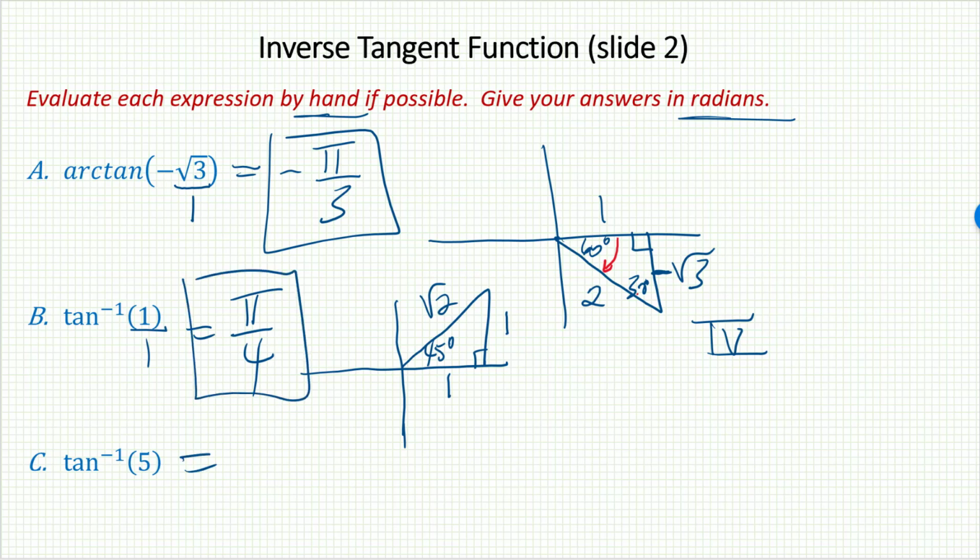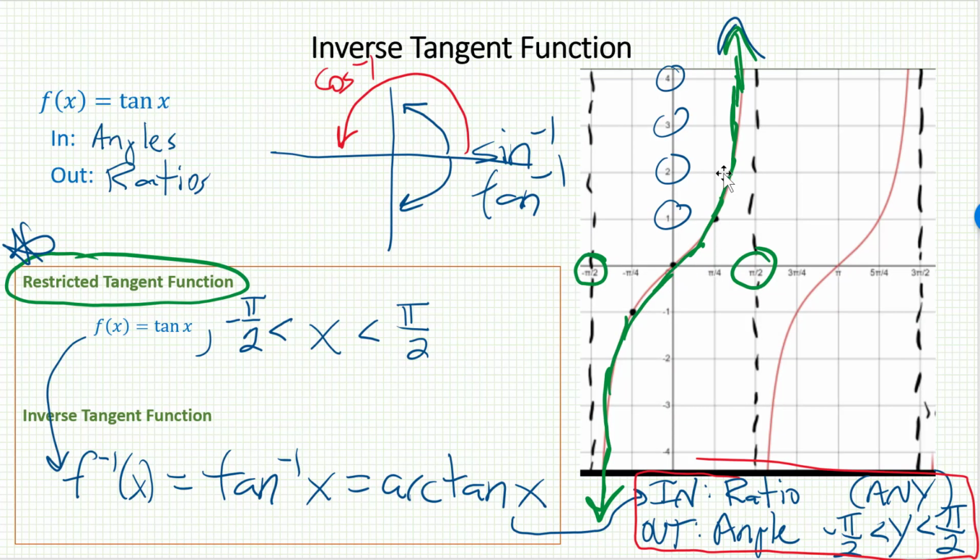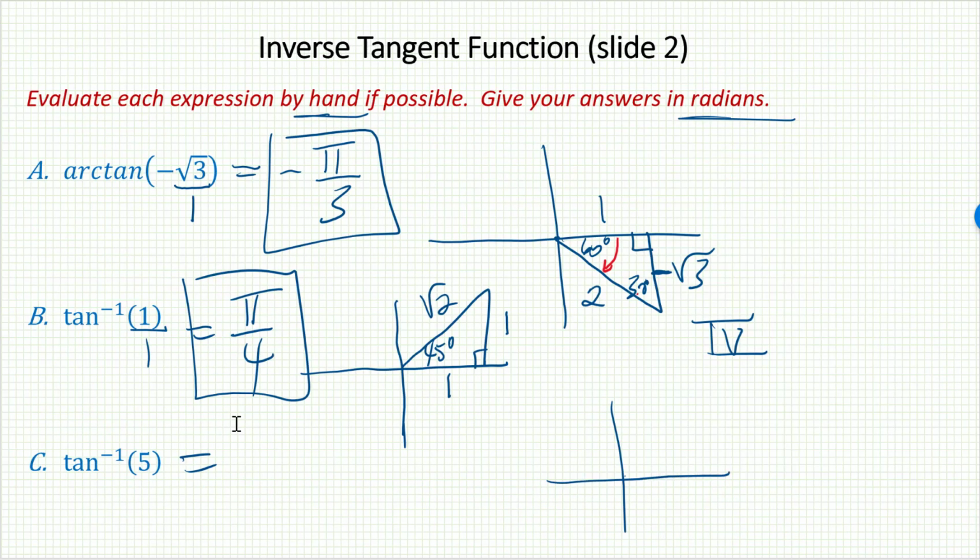The final example, tangent inverse of 5. I know the tempting thing is to write down, oh, this must be undefined. But remember, the tangent function doesn't have a restriction on the ratios. We said you could put anything you want. You can find an angle whose tangent ratio comes out to be 5. You just don't have any nice way of doing that by hand. I can draw the picture.